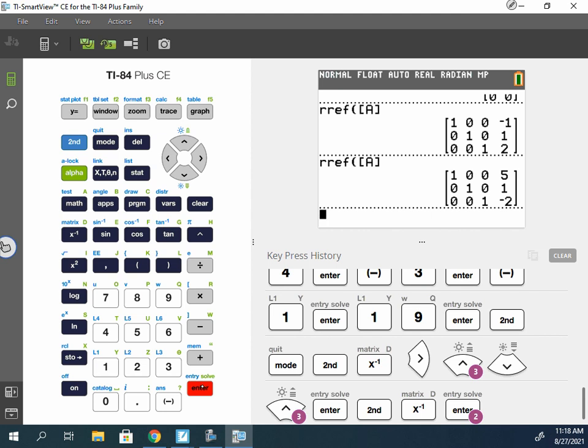And our solution is 5, 1, negative 2. And that's all we have to do for this here to solve it.